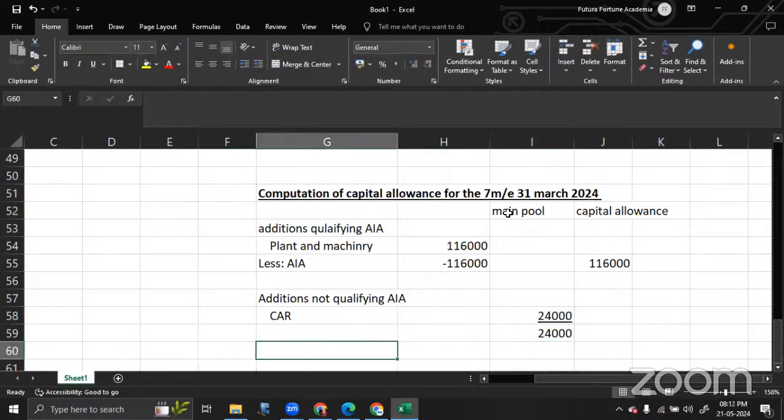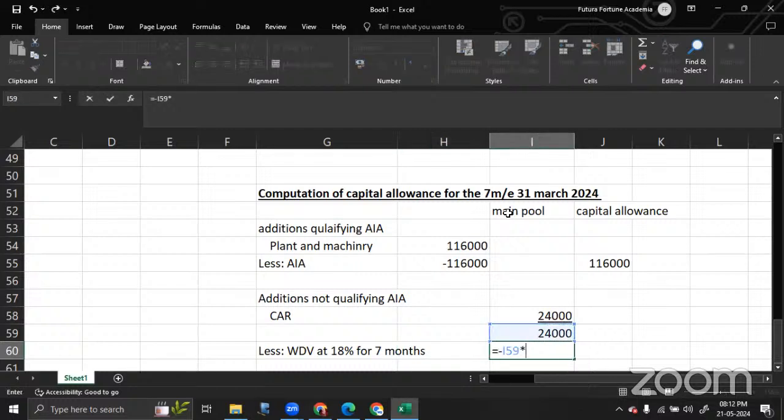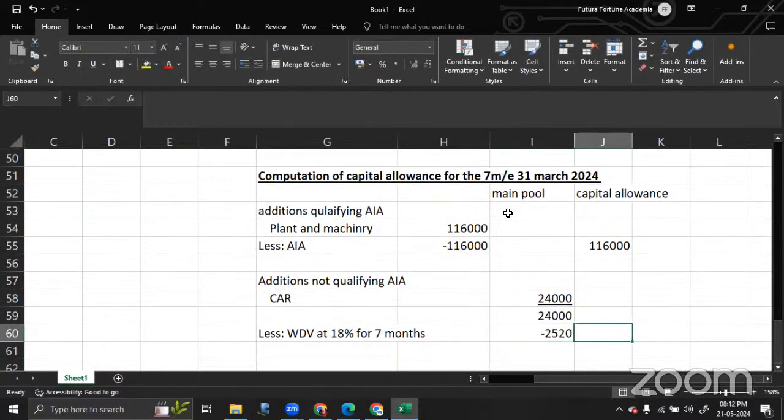So less WDA will be at 18% for 7 months. Please keep that in mind. So that is equal to this amount into 18% into 7 divided by 12. And immediately update your capital allowance column as well.